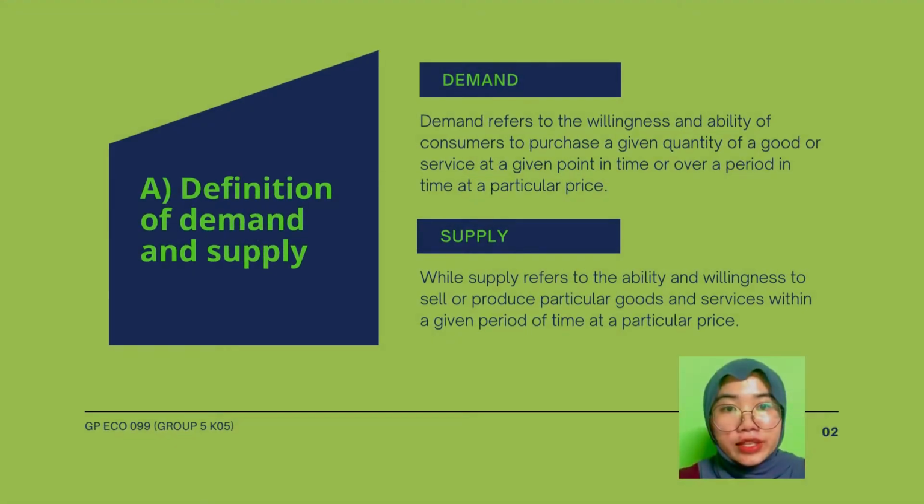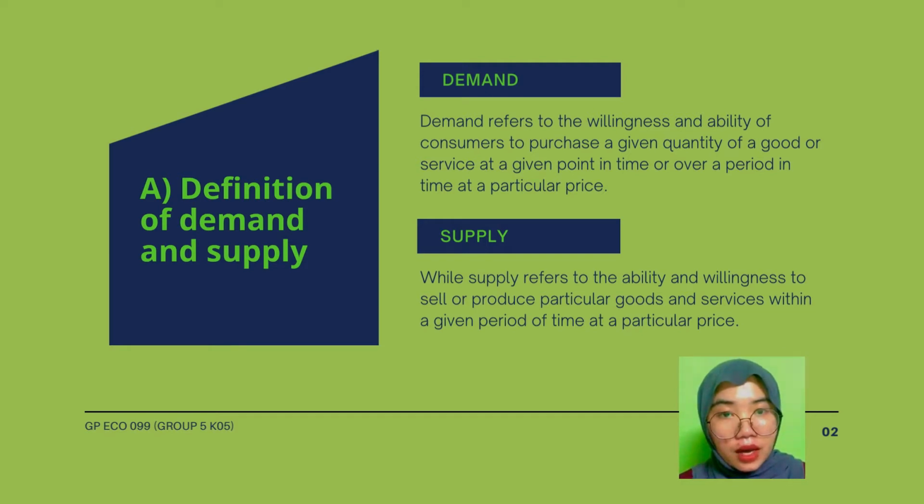My part, I will explain the definition of demand and supply. So the first one, I will explain what is the definition of demand. Demand refers to the willingness and ability of consumers to purchase a given quantity of a good or service at a given point in time or over a period of time at a particular price, which means that a person who desires or wants to have a product must have the ability to buy and be willing to pay for that product.